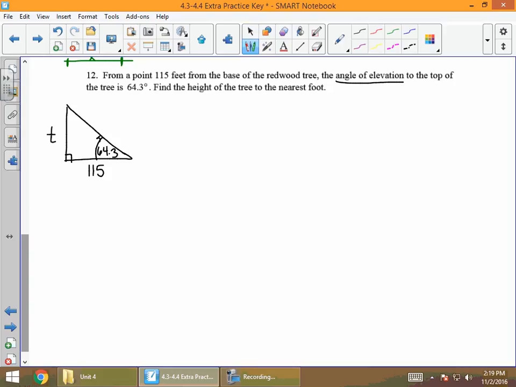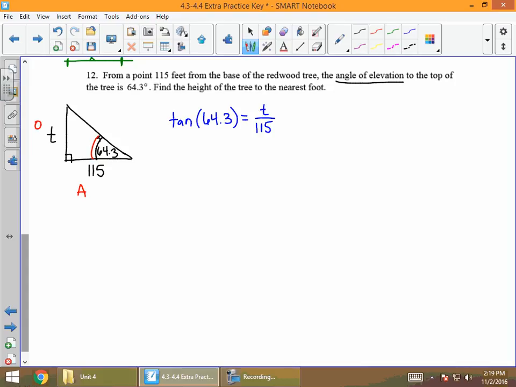So as I think about trig, my angle, I have opposite, hypotenuse, and adjacent. Find the one that is not useful. So the hypotenuse will not help us here. So O and A is tangent. So the tangent of 64.3 is equal to the opposite, T, over the adjacent, 115.